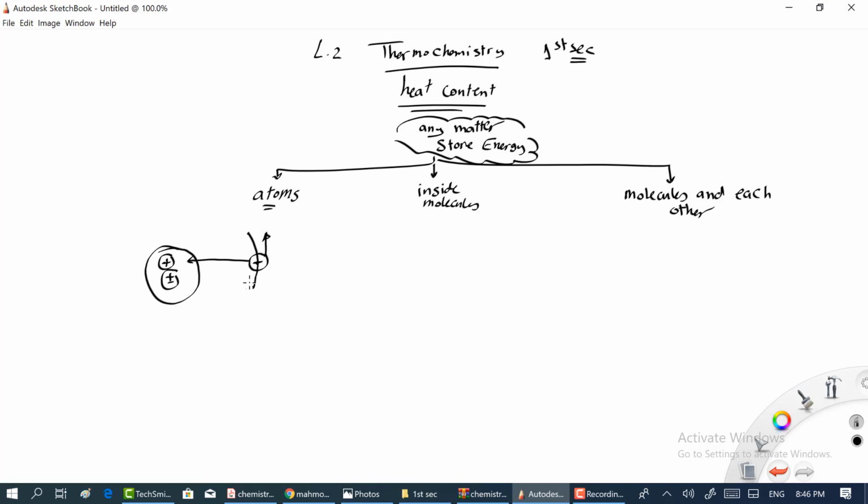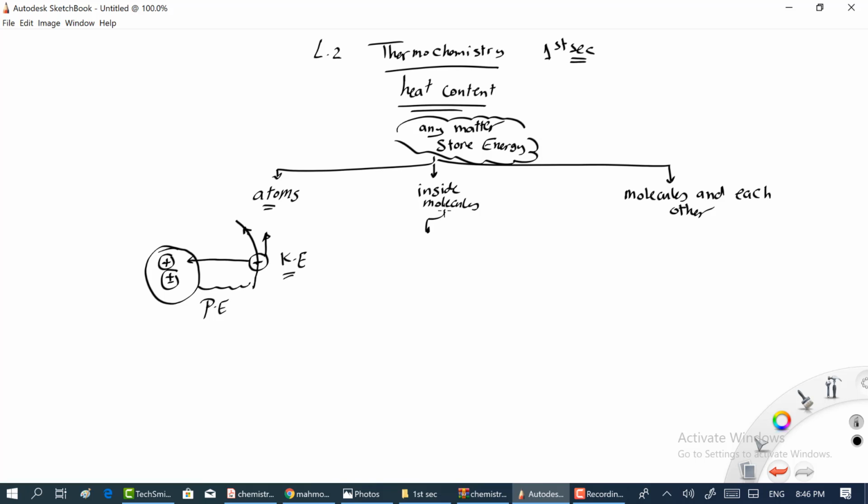As they have a distance from the nucleus, they have potential energy, and as they move and rotate around the nucleus in an elliptical path, they have kinetic energy. So the energy stored inside the atom represents the energy of electrons when they rotate around the nucleus: potential energy, as they have a position from the nucleus, and kinetic energy due to their movement.